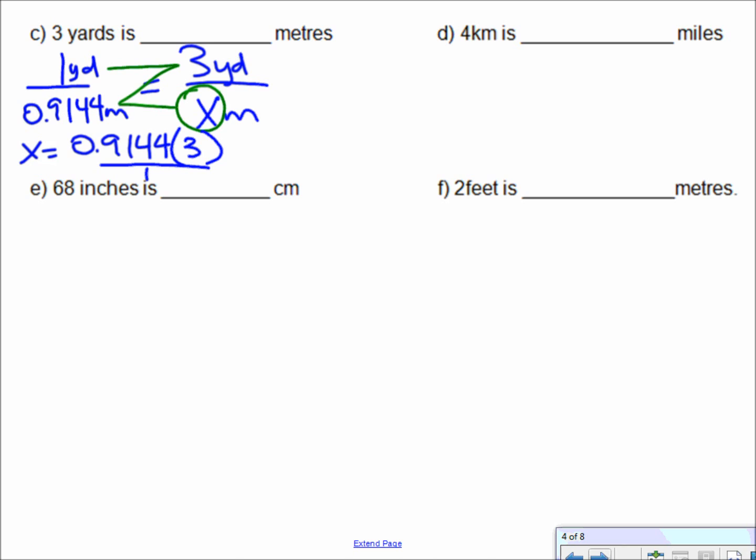But sometimes it will, okay? So 2.7432. And in this case, it doesn't actually tell us how many decimals it wants to go to, so we're going to just go to 2. Okay? It doesn't tell us. So our answer is 2.74 meters.